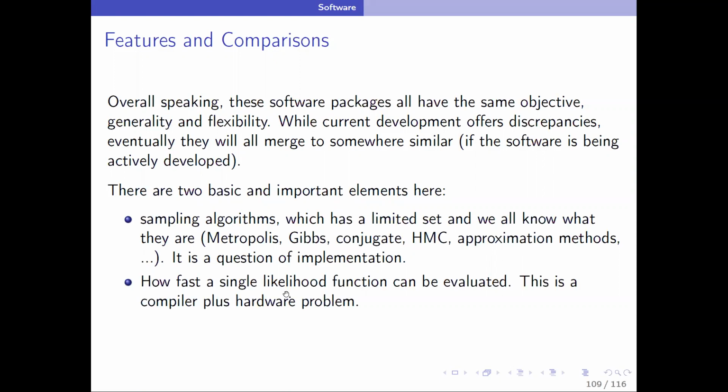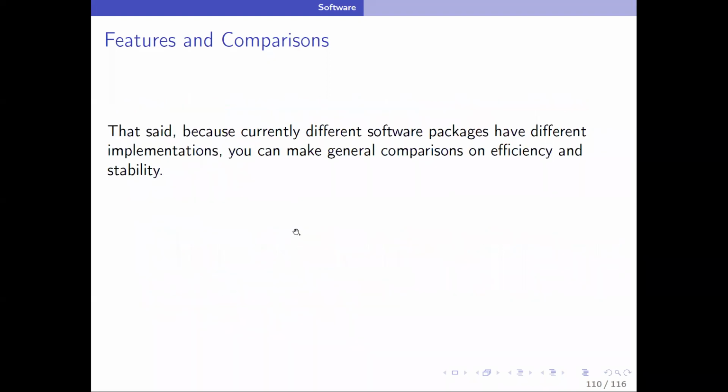The second is the compiler and the hardware issue, which boils down to how fast you can evaluate a single likelihood function. That's why everyone uses a compiler and everyone runs on the same Intel machine. So the second issue is really not a software issue. The general package comes down to the selection of sampling algorithm.